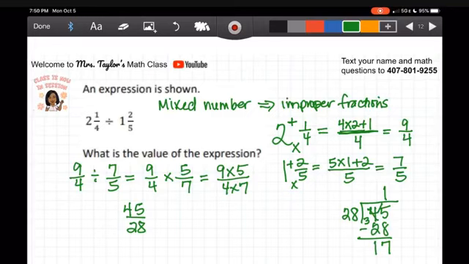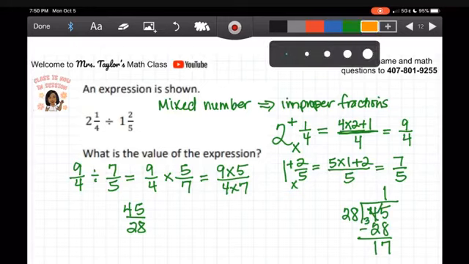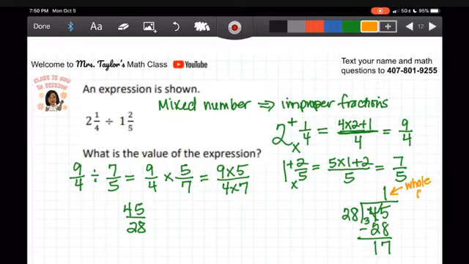So our final answer, let's figure out the pieces because some people get this mixed up. This is going to be your whole number of your mixed number. This number is going to be your numerator, N-U-M-E-R. And here is your denominator.